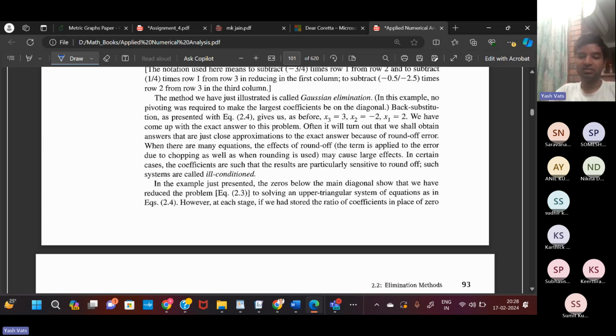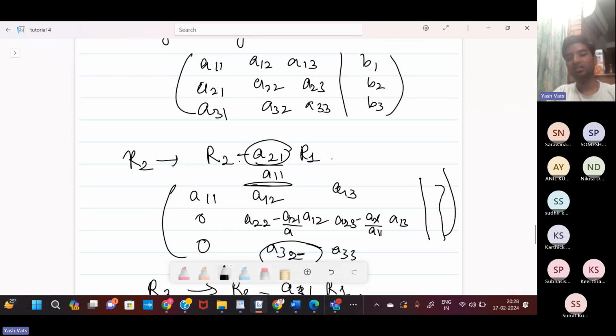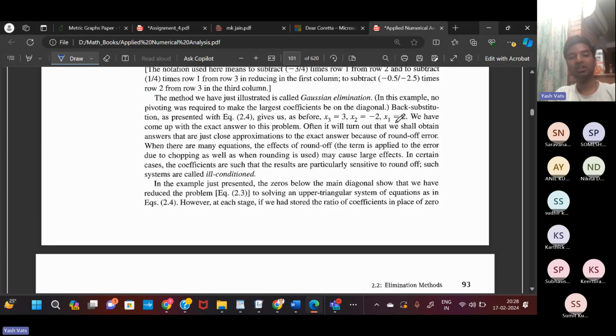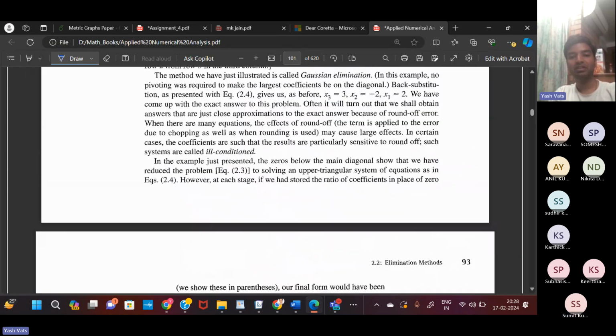Like if you perturb B1, B2, B3 by a smaller amount, then how does the solution change? If the solution is changing very vastly, then the system is ill-conditioned, right? So to avoid this ill-conditioning, there exist some methods, you can read that.